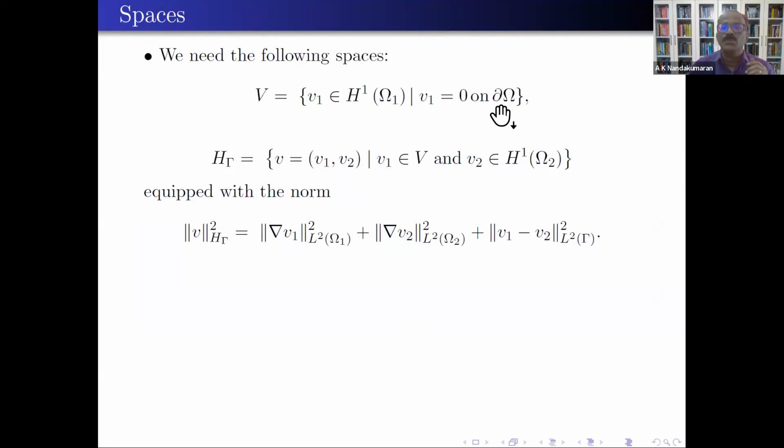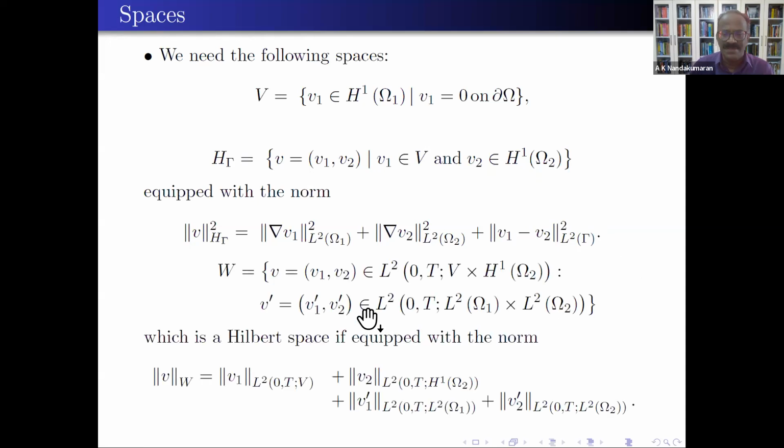So these are the spaces you see. On omega 1, you have the outer boundary condition. We write it in this form because it's two PDE problems in two different domains. And on omega 2, you don't have any boundary. You have to take care of the interface condition. These are defined according to the problem, and they are already available.